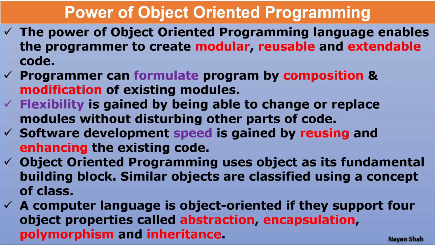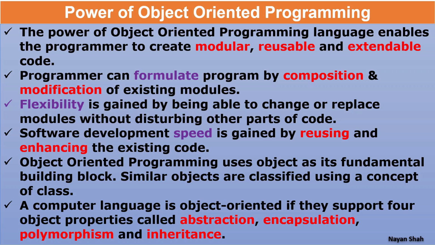Reusability is something like you have written one code and you want the same code to be used by another object. That is possible. You can reuse the same code at another place also. Extendability means if you have written some code and now you want to write another code where you include that previous code and add something new. That is called extendability. That is also possible in object-oriented programming.